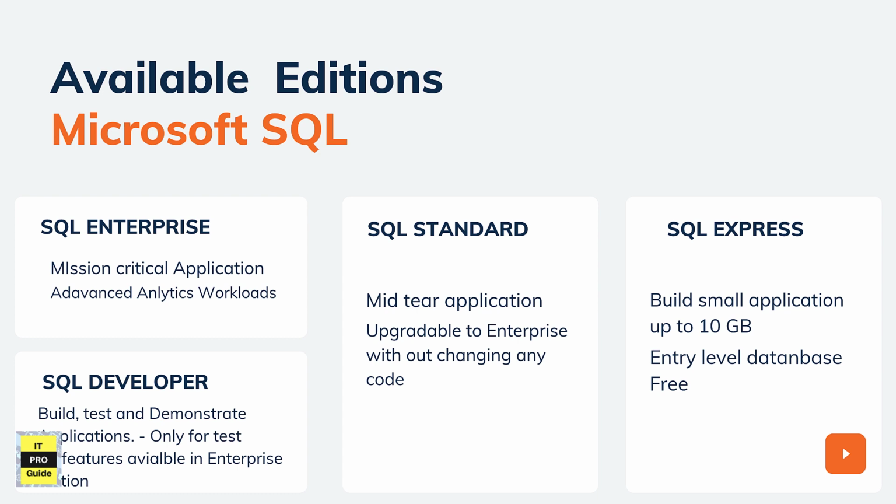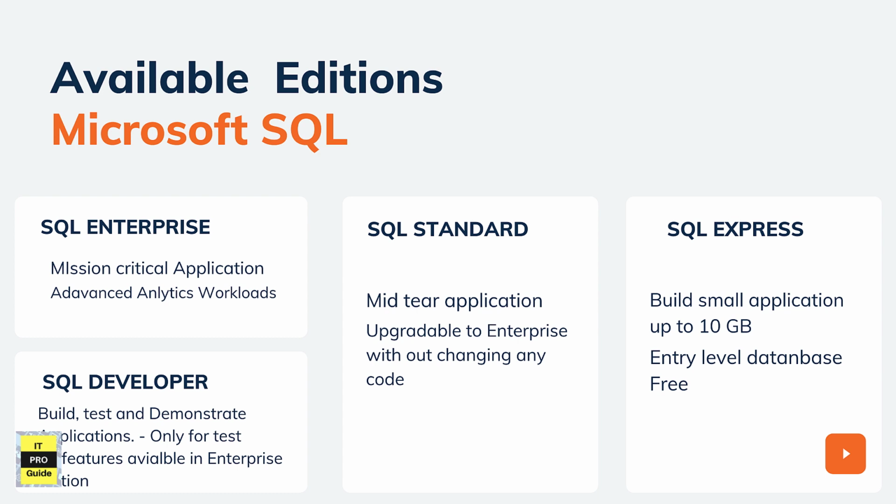Then SQL Express, it is a free one. You can use it for development, or you can use it in production even, if your requirement is less than 10 GB and you don't need to have a high availability requirement for this SQL database.